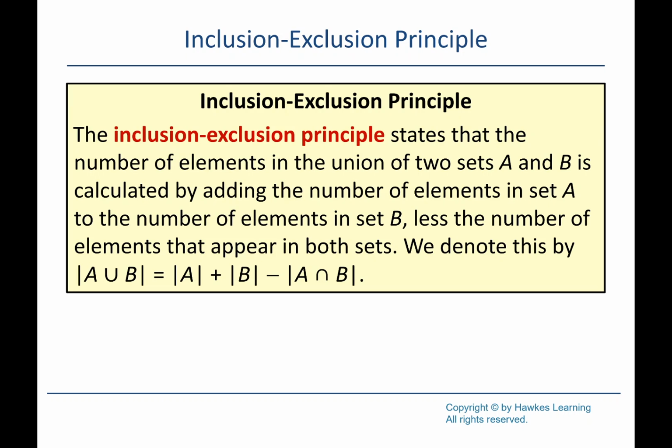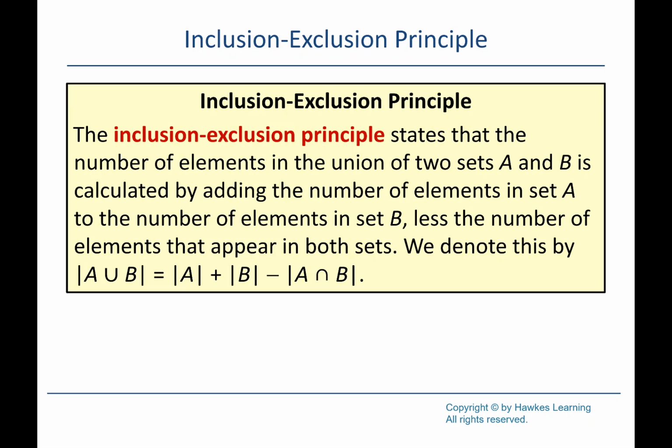So if you wanted to find this, you could actually write out the union of the two sets and then count how many elements are in there. That's like the brute force method. But again, remember, you can end up with a really big set when you're finding a union. So instead of doing that, we can use the inclusion-exclusion principle. What it says is if we want to know how many elements are in a union, we figure out how many are in the first set, how many are in the second set, and add those up.